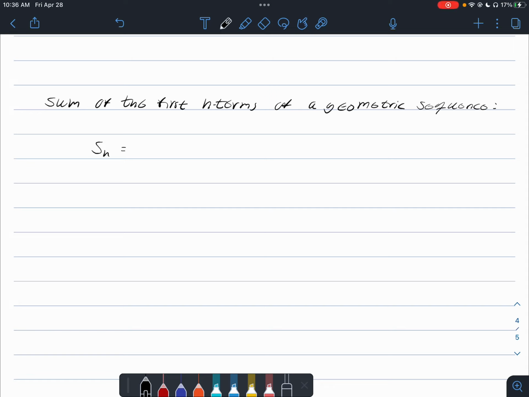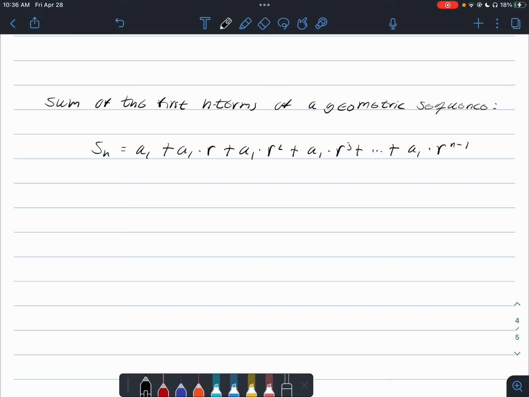That's going to be equal to A sub 1 plus A1 times r, which is our common ratio, sorry, plus A1 times r squared, plus A1 times r to the third, plus dot, dot, dot, plus A1 times r to the n minus 1. Okay, notice we're stopping at n minus 1 instead of r to the n.